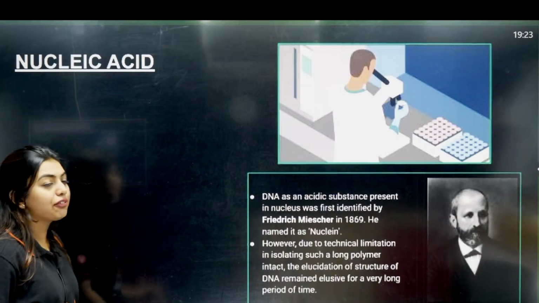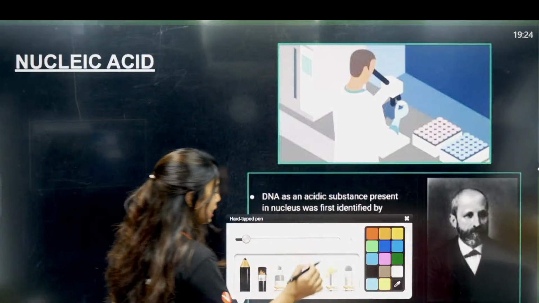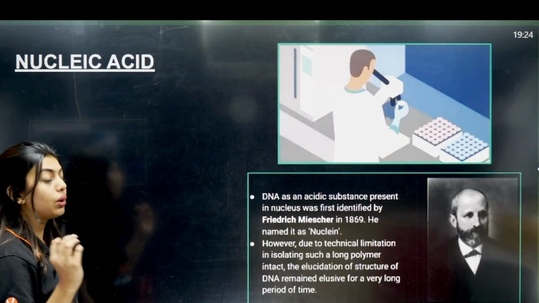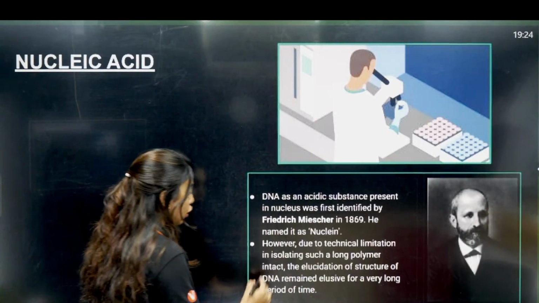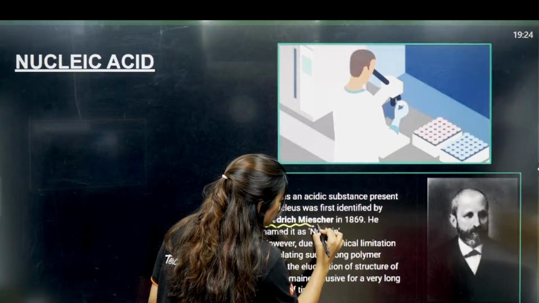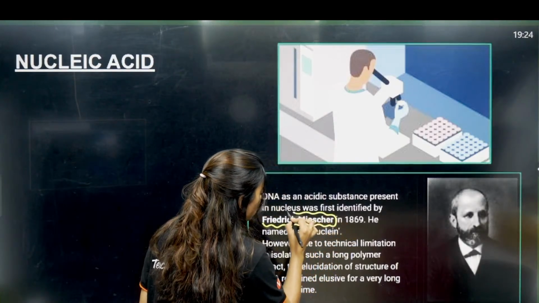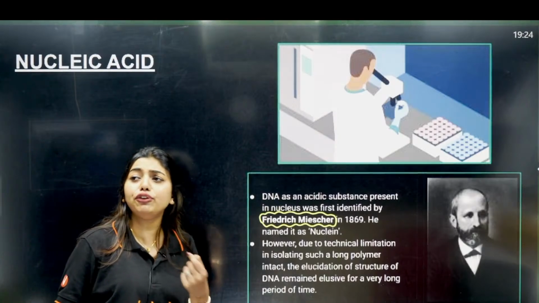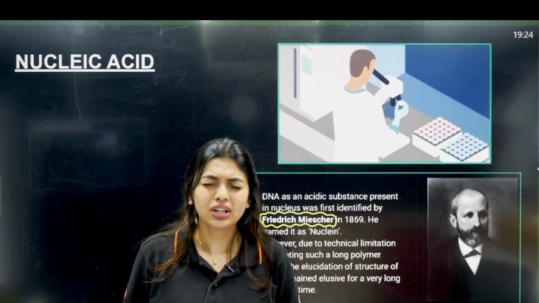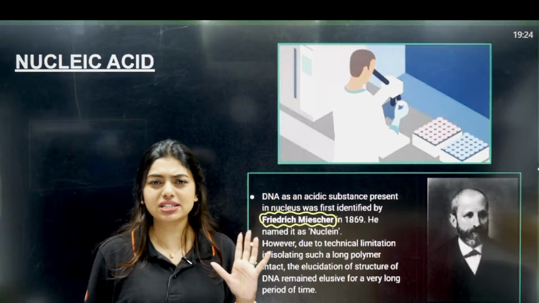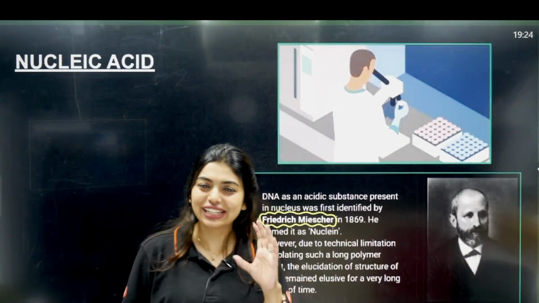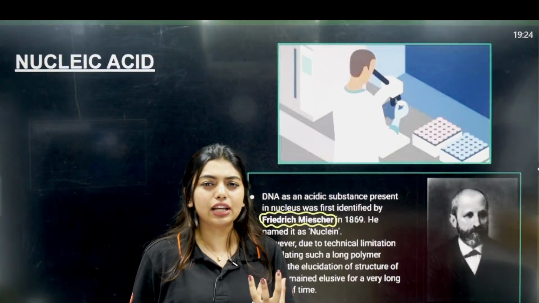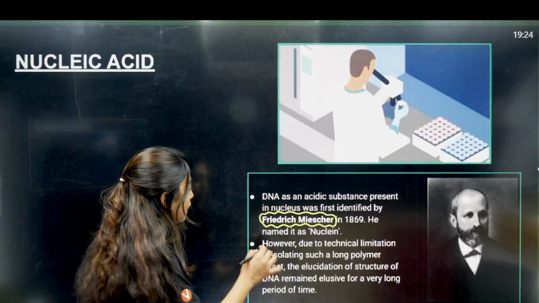Now about the discovery of DNA, students, how this whole thing came into existence. The word nucleic acid came from a scientist called Friedrich Miescher. He was working on pus cells, and when he was working on that, by fluke, by chance, Friedrich Miescher found something called nuclein.